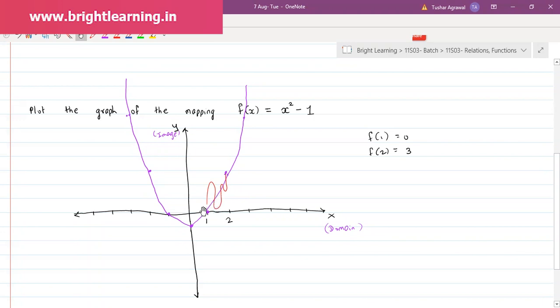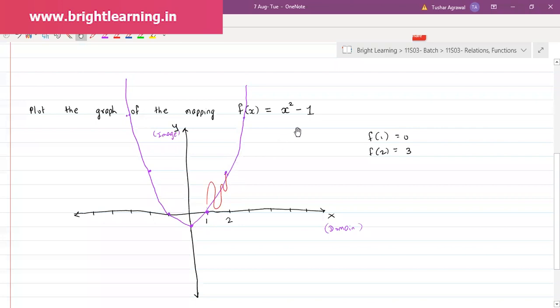So for now, the proper way to construct a graph is to take all the points on the domain axis, the x-axis, mark all the corresponding images and join those images. So here, x square minus 1, I took a few points.